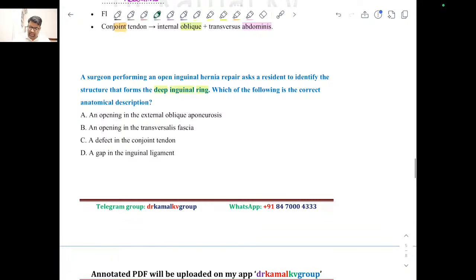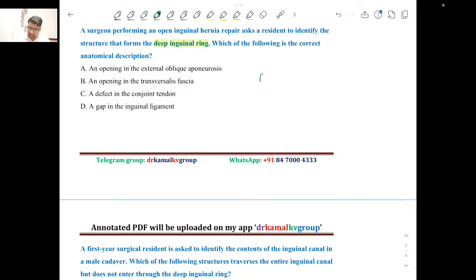Now suppose these are the two openings of the inguinal canal, right? So one is the deep inguinal ring, and this one is the superficial inguinal ring.